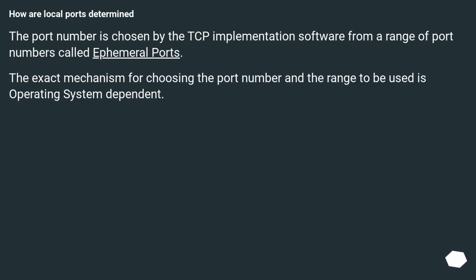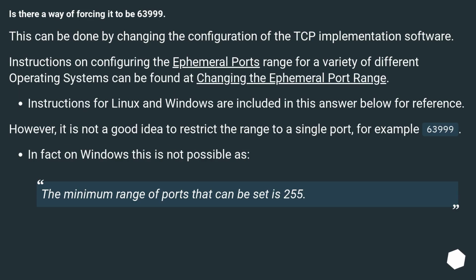The port number is chosen by the TCP implementation software from a range of port numbers called ephemeral ports. The exact mechanism for choosing the port number and the range to be used is operating system dependent.